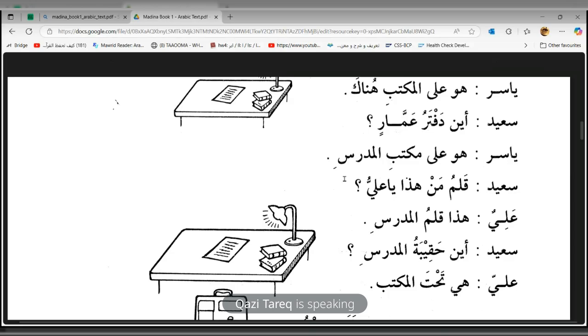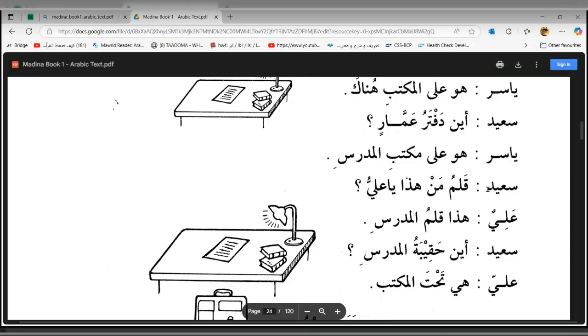Okay. So then Said asks, قلم من هذا يا علي? Whose pen is this, Ya Ali? Man is used to ask the question who. But when you say قلم من, you're doing idafa of qalam to man.